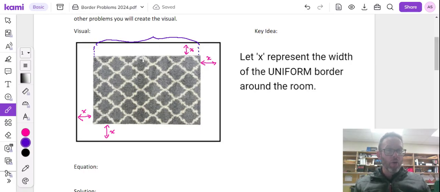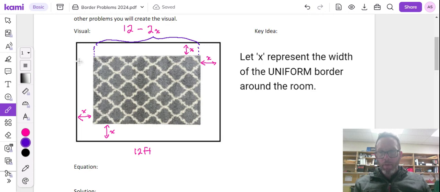We don't exactly know how big it should be yet, but however big it is, the length of the entire room is 12 feet. But then on either side of that rug, we're going to have that border. So 12 minus 2 of those uniform border widths. It's the whole room minus one border minus another. And that's an expression for one dimension of our area rug.